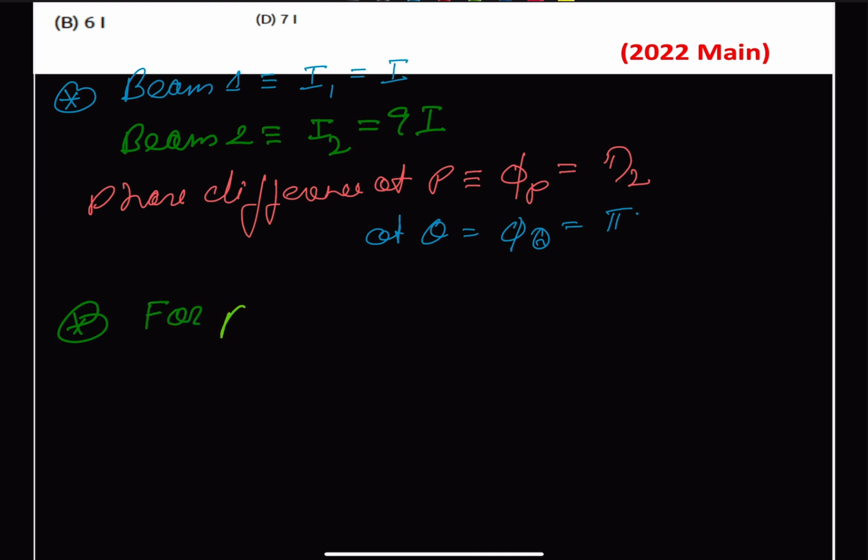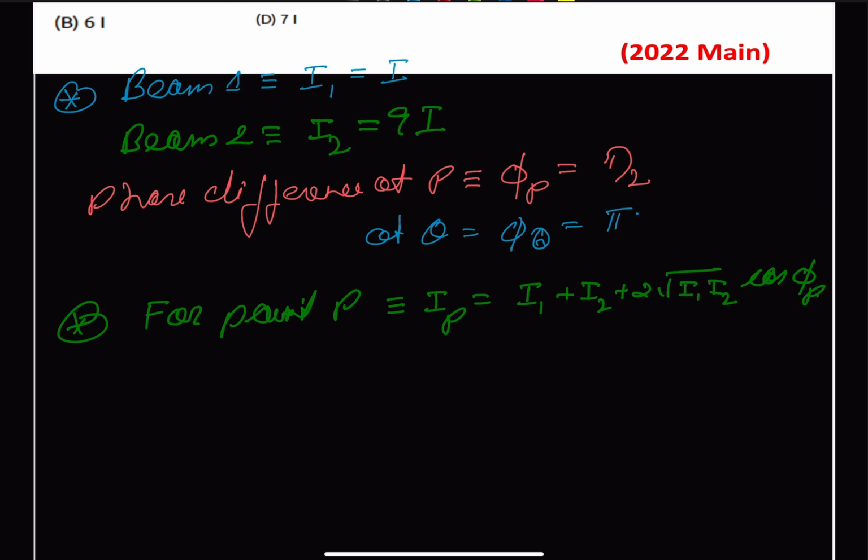For point P, you can say this I of P is equal to I1 plus I2 plus twice square root of I1 I2 and we have cos of phi P.